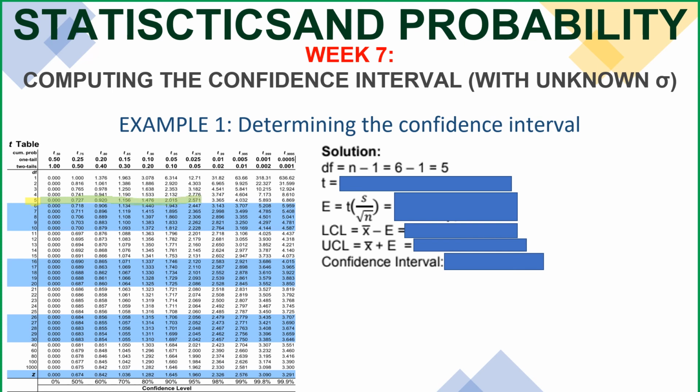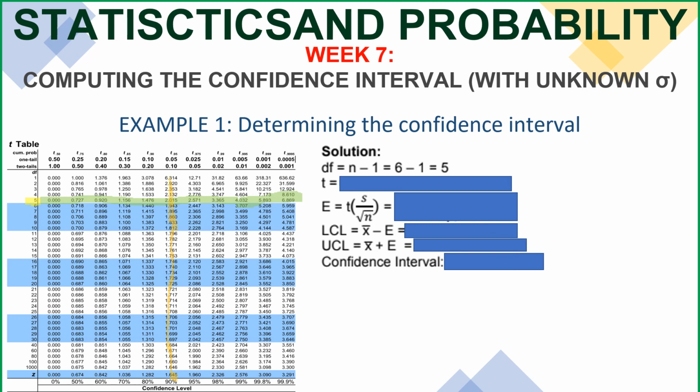Natin malaman yung t-score sa pamamagitan ng pag-intersect ng confidence level. So, next is the confidence level pala natin. That is 90%, diba? 90% yung sinabi kanina. So, ito yung 90%. I-shade natin siya pataas.